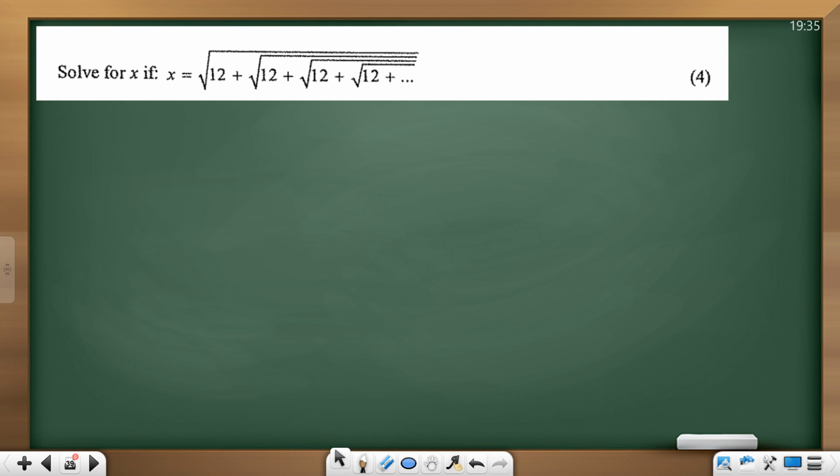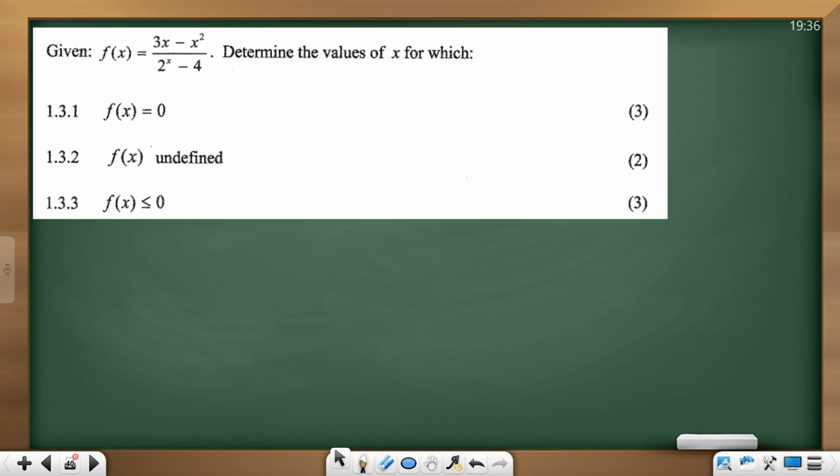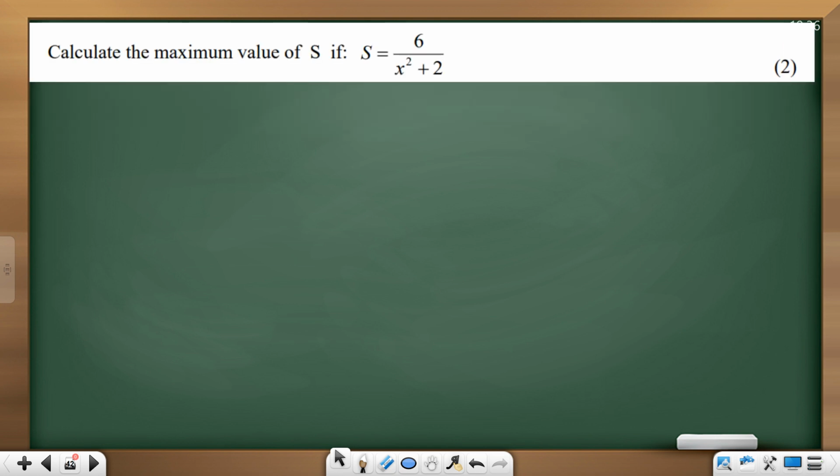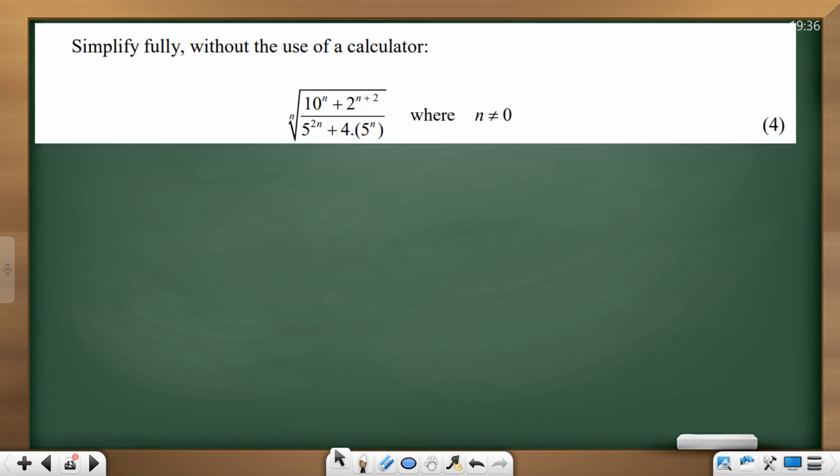What is this? Solve for x. Oh my. Solve for x. Check this. Without the use of a calculator, solve for x. Or simplify. Or show, rather. Look at that. What is the maximum value? Are we going to be testing all values?